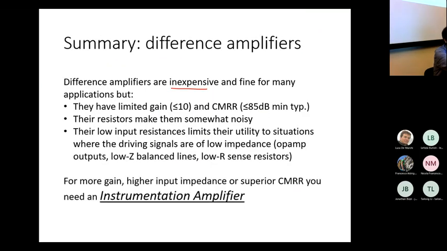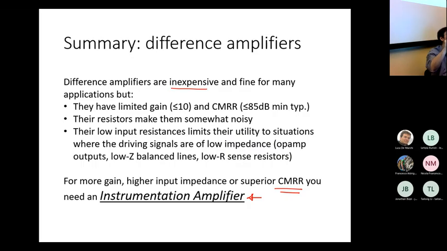To achieve more gain, higher input impedance, and superior common mode rejection ratio, we will exploit a new configuration which is called the instrumentation amplifier. This circuit is very pervasive in precision measurement tasks.